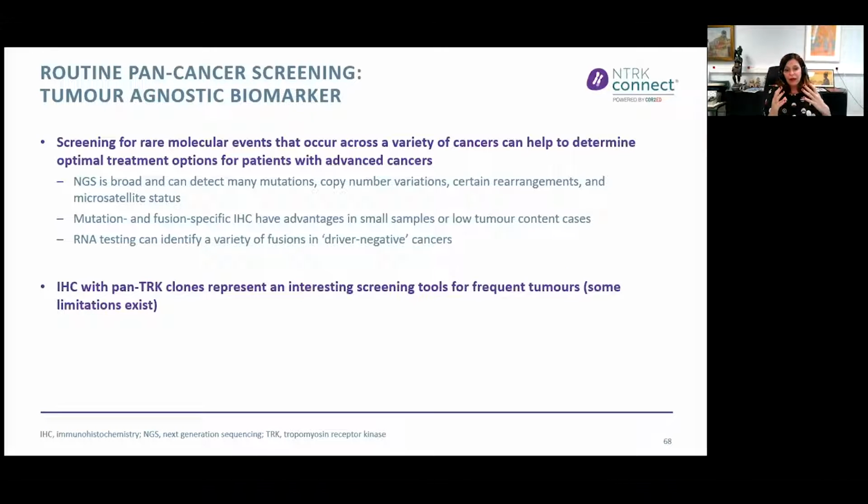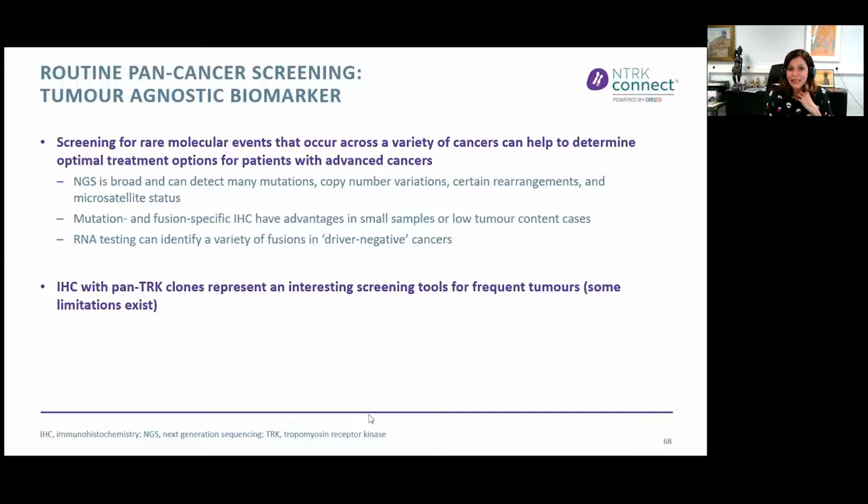So here we are going to screen for extremely rare molecular events. We have several options. So NGS is broad and can detect many mutations, copy number variations, certain rearrangements, and MSI status. Mutation and fusion-specific immunohistochemistry have the advantage in small sample or low tumor content cases.